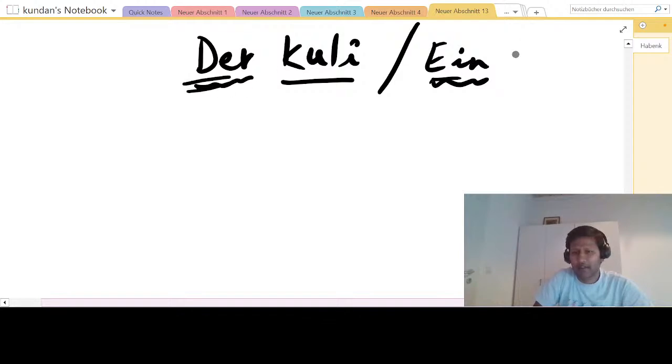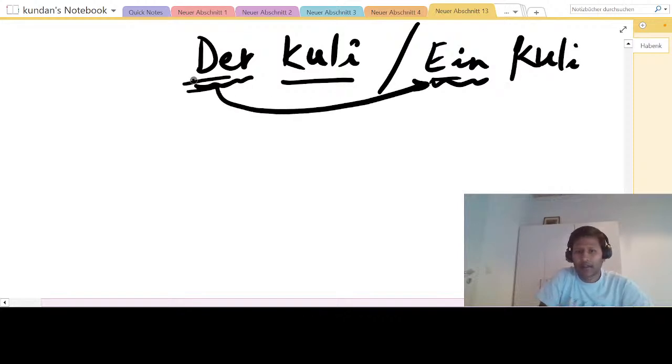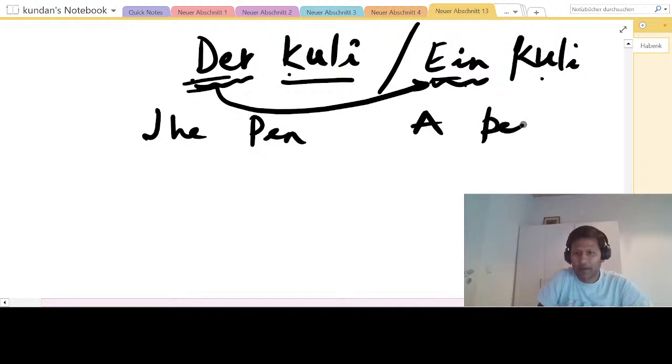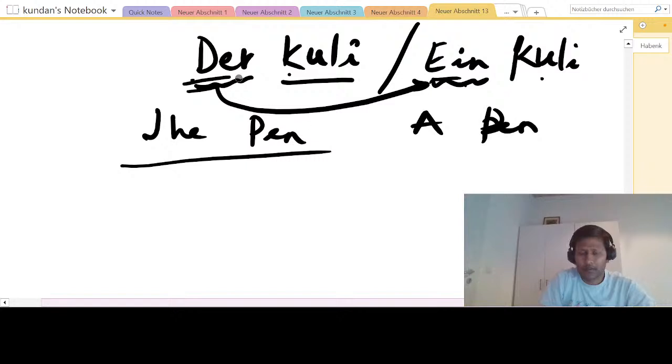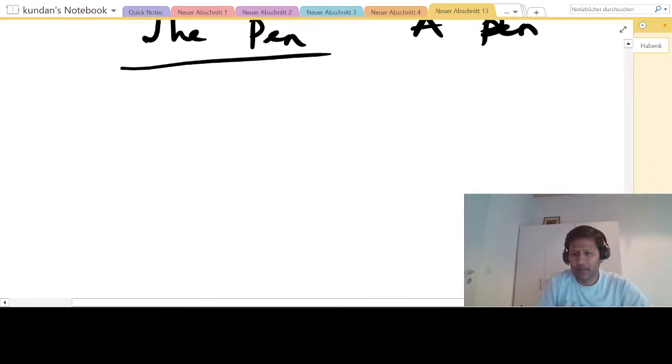This is indefinite: ein Kuli, a pen. Okay, this is the pen or a pen. So this example we will take and cover nominative and accusative.